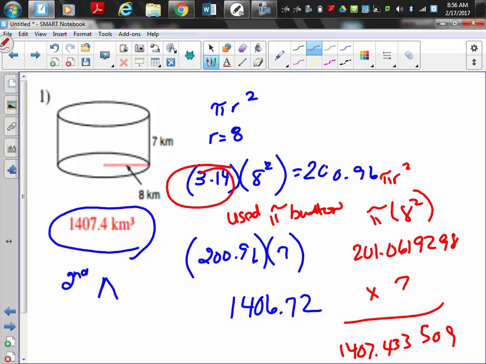And then when you round it, it gives you this answer.